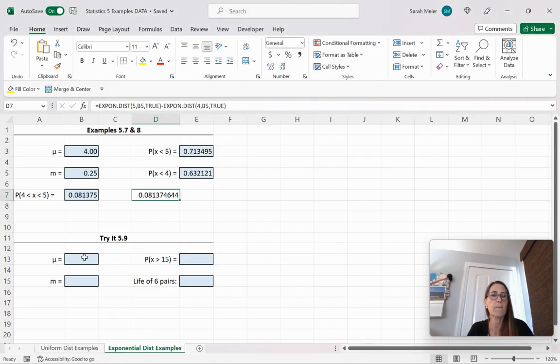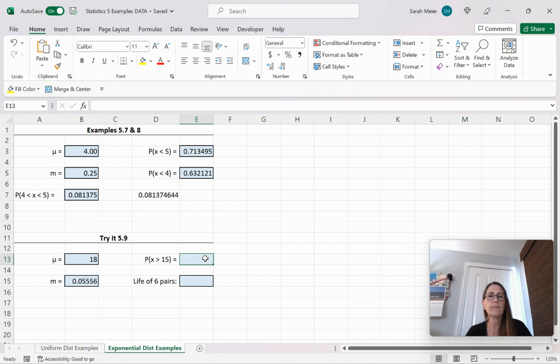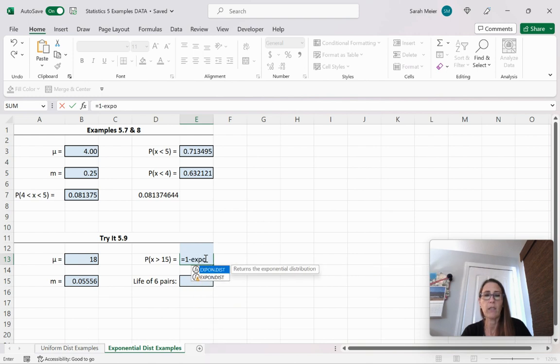So if we go back here, our mu is 18. So M, again, you can just type 1 over 18 like this if you want, or if you were going to use cell references like we did before, you would do equals 1 divided by and click on that cell. And so again, greater than problems equals 1 minus. And so EXPON, and we're going to do 15.